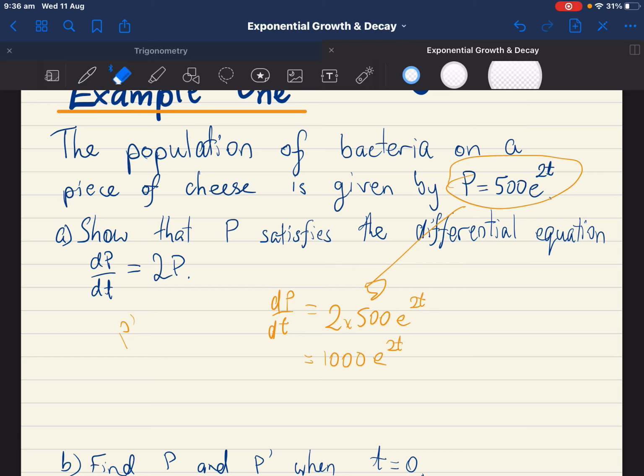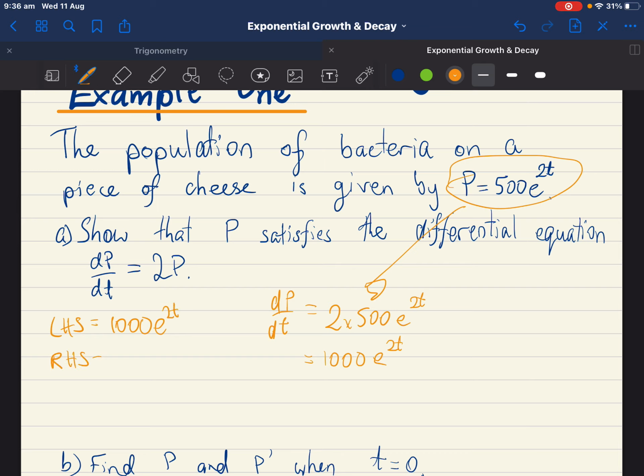Now that we know what dP/dt is, we can sub these into our differential equation to see that it works. We know dP/dt is 1000 e to the 2t, so our left-hand side is just this.